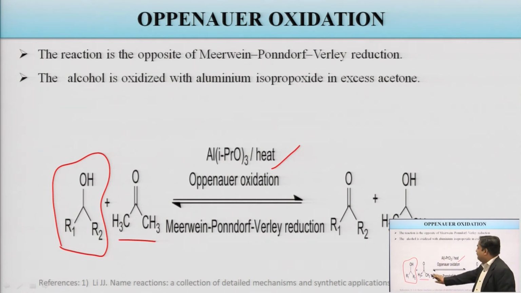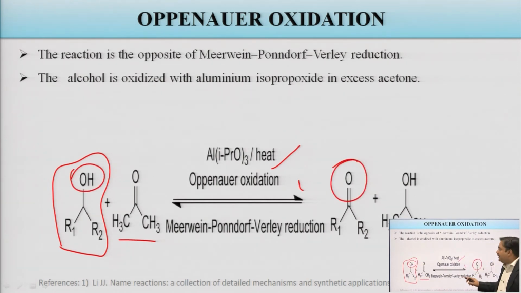When we use secondary alcohol in the presence of aluminum isopropoxide and heat, it reacts with the acetone and we get the ketone, meaning this hydroxyl group is now converted into the carbonyl group.